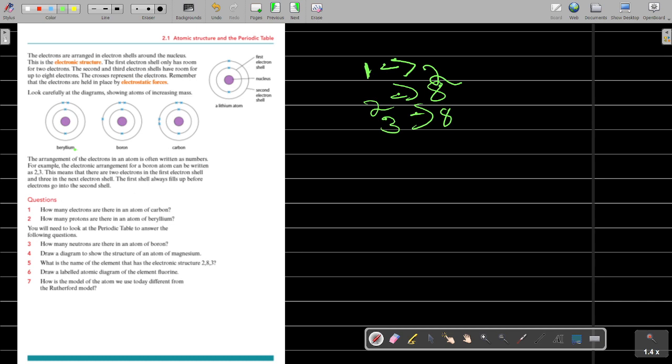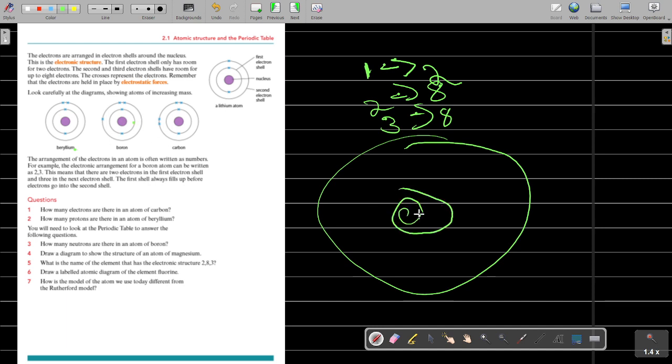Okay, read this first. The arrangement of the electrons in an atom is often written as numbers. For example, the electronic arrangement for a boron atom can be written as 2, 3. Do you know how? This is the boron.